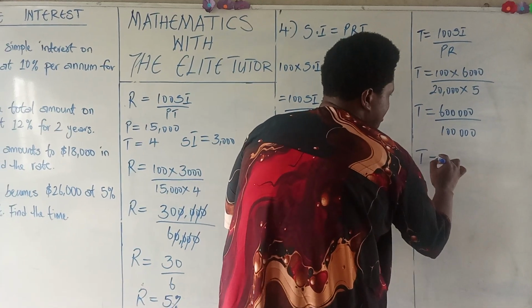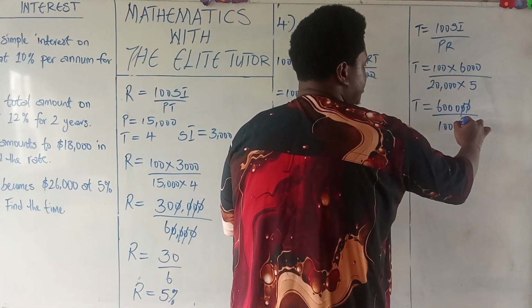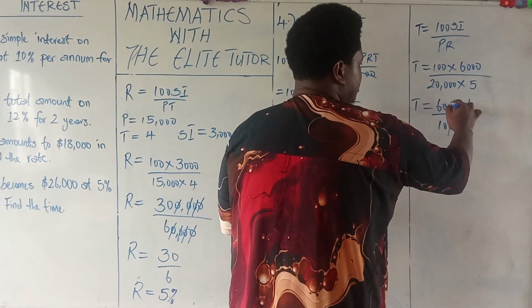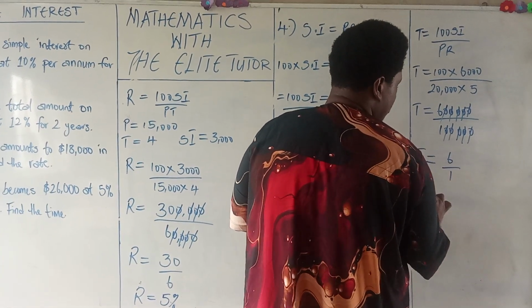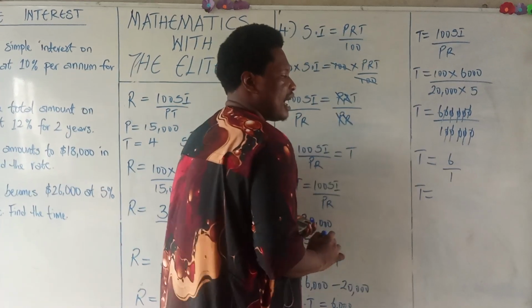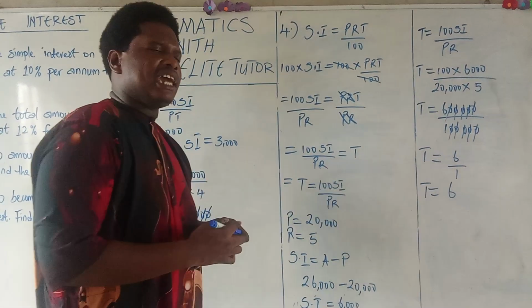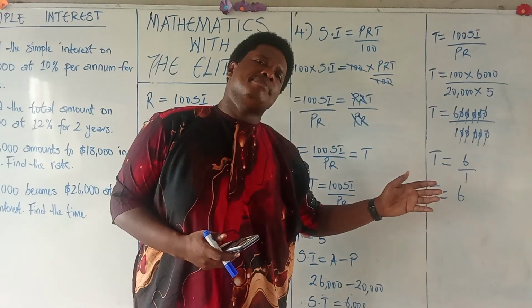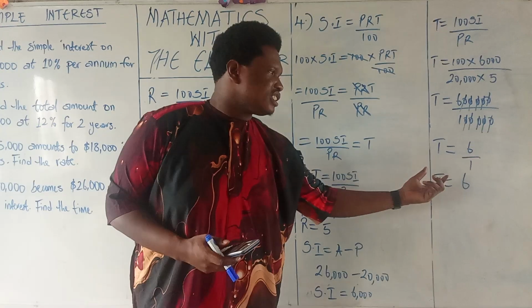So our T is equal to, let's cancel, 0 will cancel 0, 0 will cancel 0, 0 will cancel 0. So our T is equal to 6 over 1, which is the same as 6 divided by 1, which will give us 6. We've been able to ascertain that our time is equal to 6.